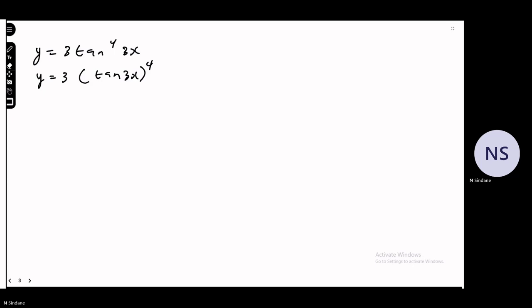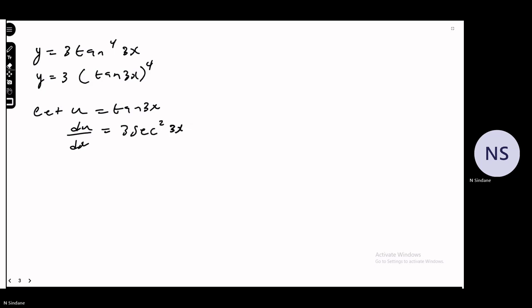Inside the exponential function, I have a trig function. So I can take out this trig and say let u be tan 3x. Right? So now when I differentiate tan 3x, du over dx will give me 3 sec squared 3x.